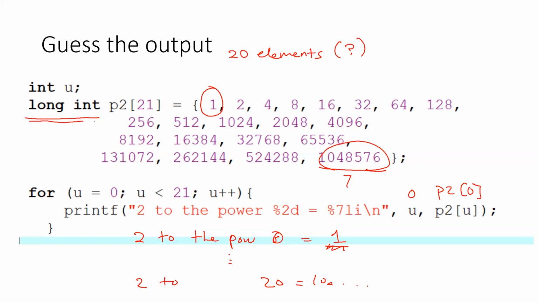Kita terlalu tulis banyak sangat benda. Ada cara lain tak kalau kita nak ringkaskan kita punya declaration? Initialization. Sebab dia macam ada formula, 2 to the power of something. Setiap elements tu ada berkaitan dengan first element.